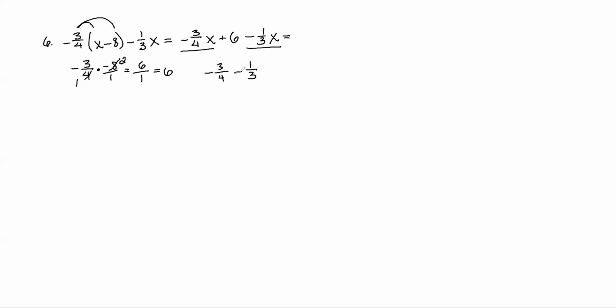And because we're subtracting, I'm going to go ahead and add the opposite. So they're both negative, so we know we're just adding our two numbers together. And now let's go ahead and get a common denominator, which is 12.